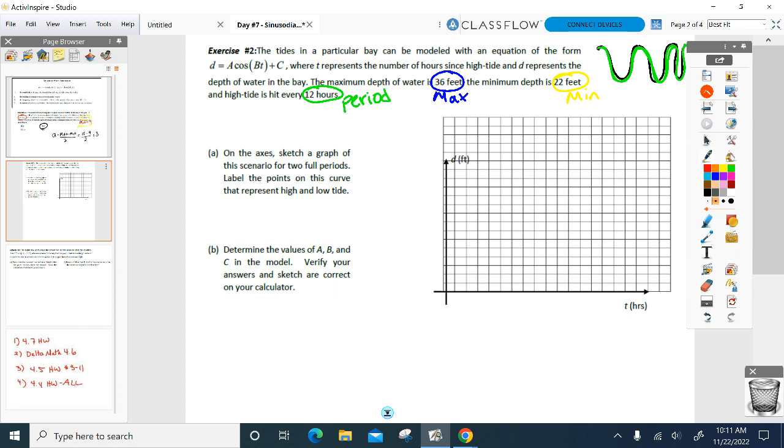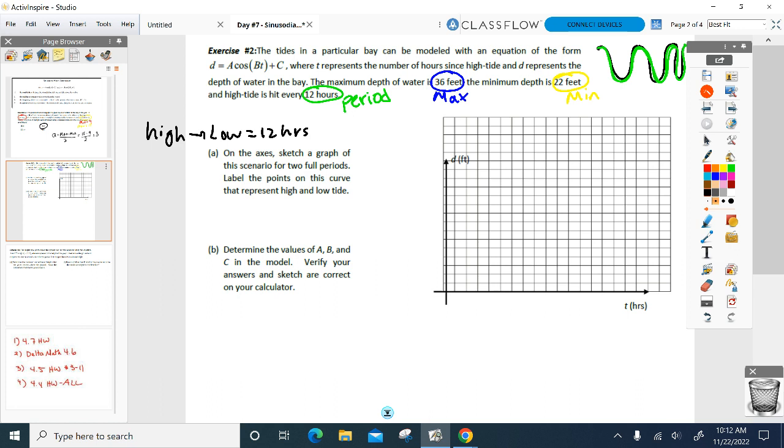Don't answer any of the questions. I want to give you a heads up here. This happens a ton. Let's say instead of high tide every 12 hours, high tide to low tide is 12 hours. What would be my period then?